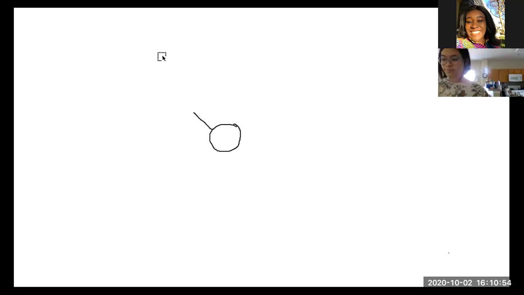And this will be the back carbon, which will have stuff coming from it. And then the front carbon, which would be just drawn like this.